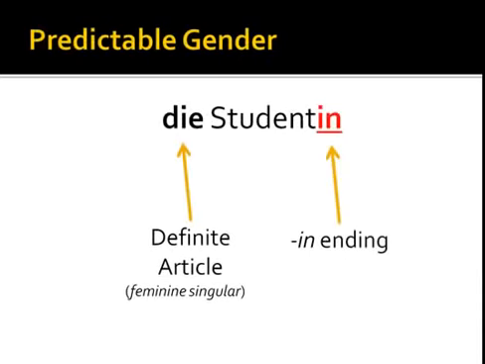However, there are a few tricks that we can employ. If we have a noun that ends in -in, that will automatically change the noun to a feminine. So der Student, the student, which would be masculine singular, if we add an -in ending onto it, it will change it to a feminine singular, die Studentin.